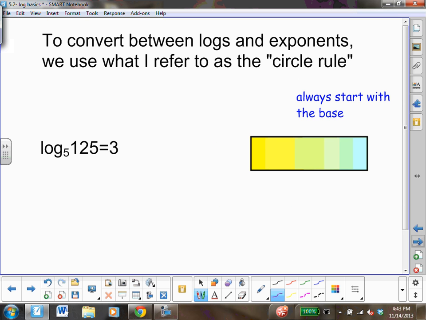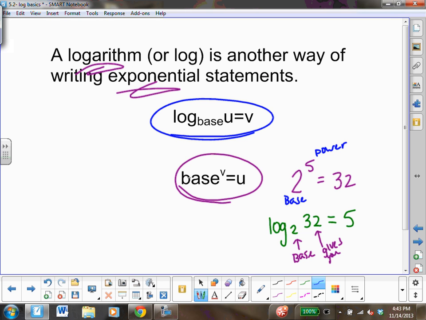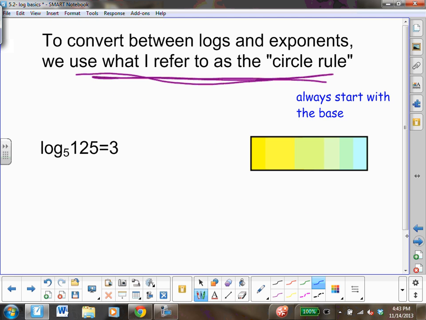To convert between logarithms and exponents, I like to use what I refer to as the circle rule. Notice in our vocabulary, both the logarithm has a base and the exponent has a base. In the equivalent exponential statement, the base will be 5. So we start here at the little number, the base of the log.